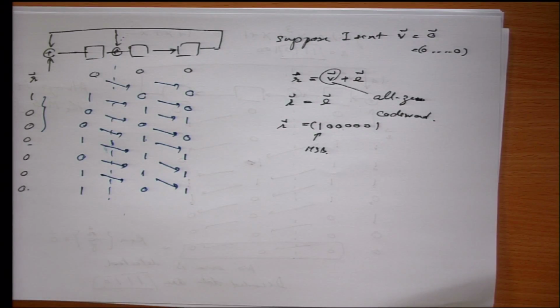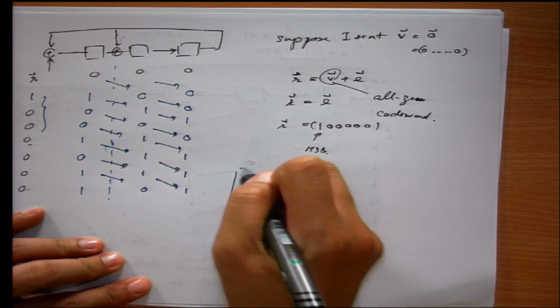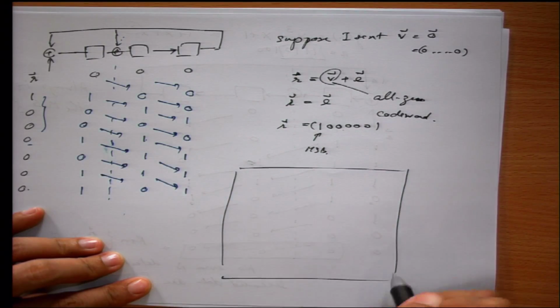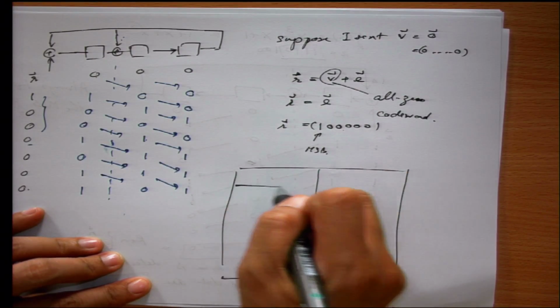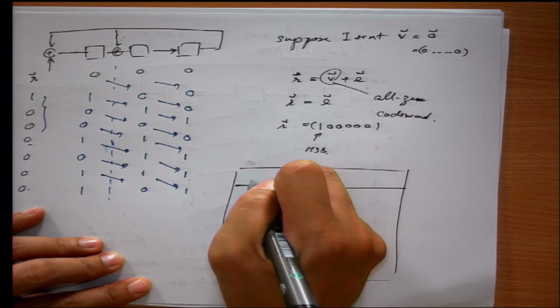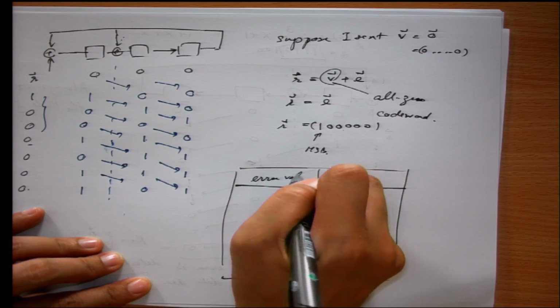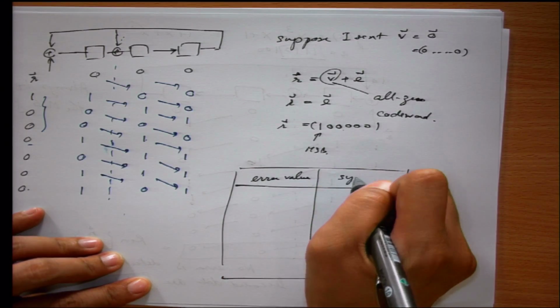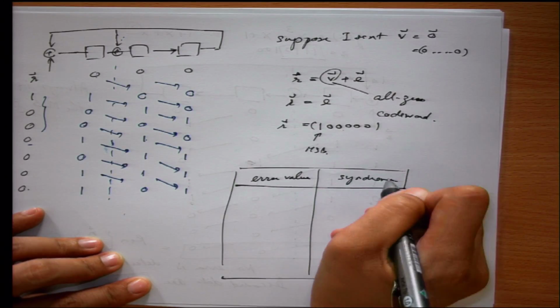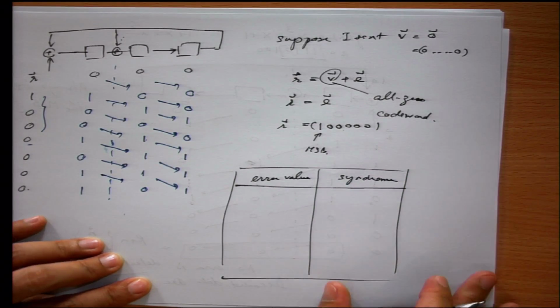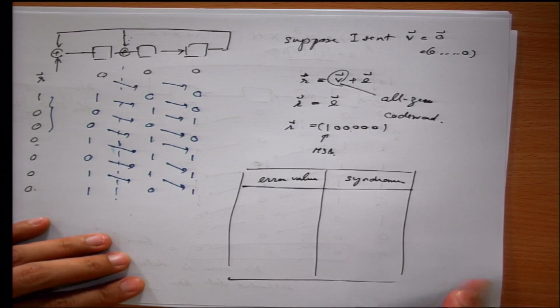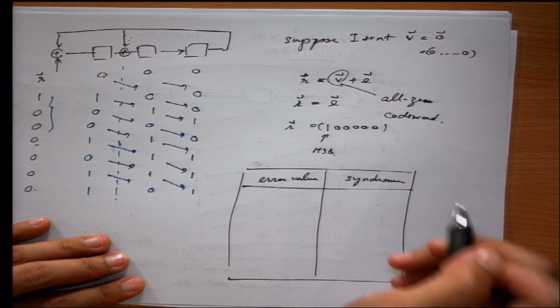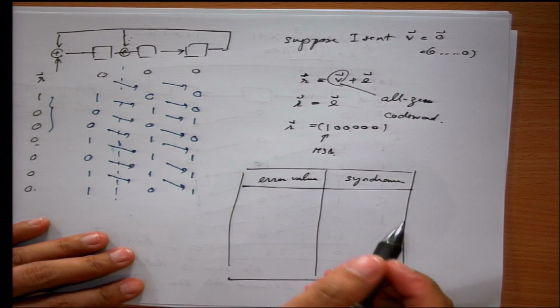If I want to write these values, I will have something like this. I have a table of error values and syndrome. I will tell you about the syndrome in a little bit, but let's look at this first.